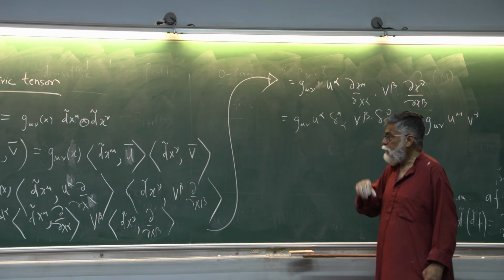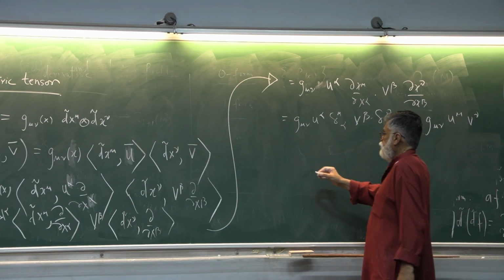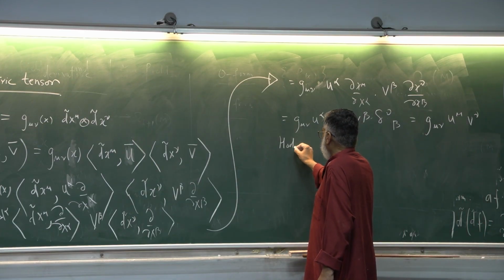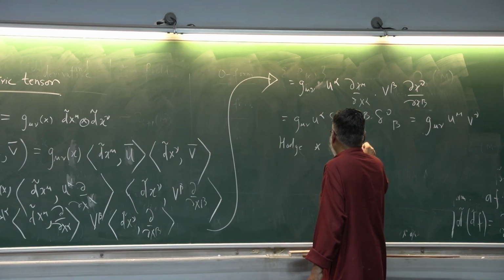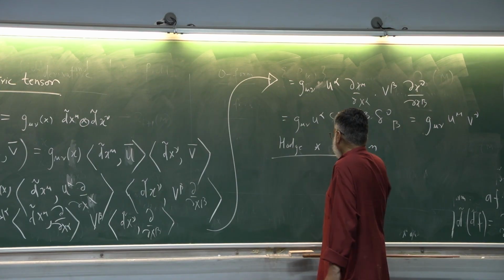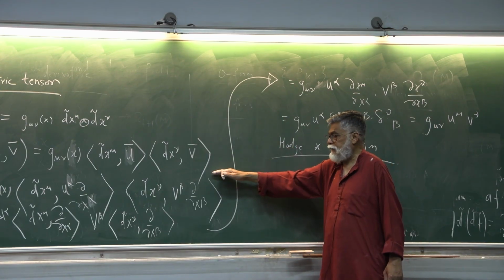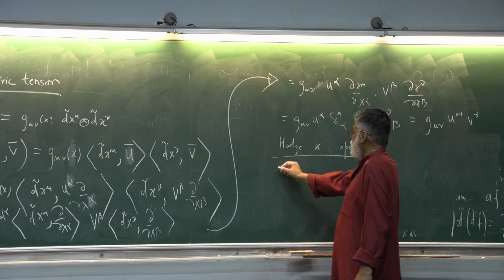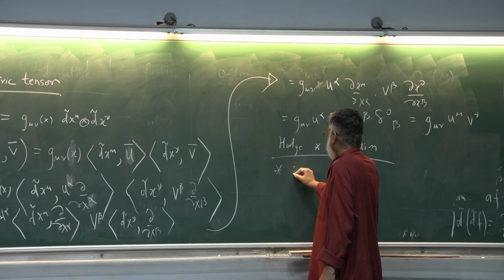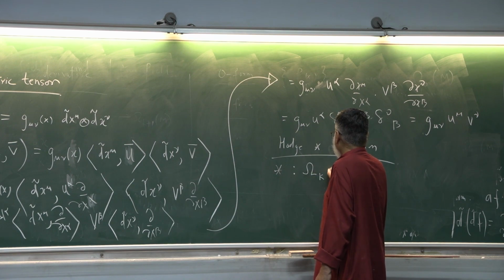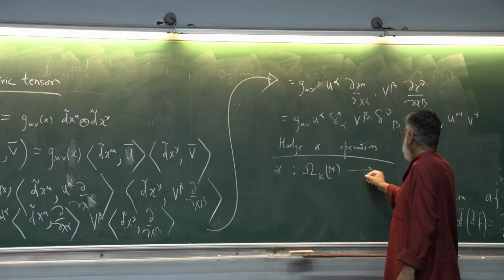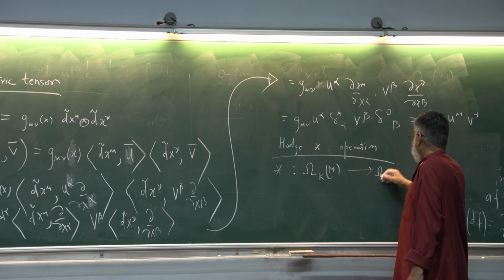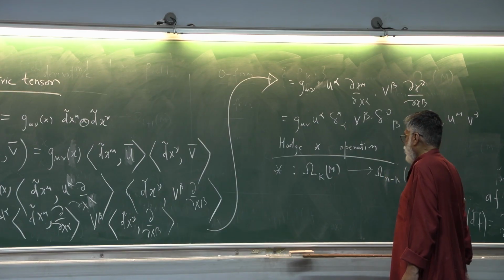Okay. Now I will define the Hodge star operation, because that's one of the problems. Hodge star operation uses the metric, and that's the reason I first had to introduce the metric tensor. So Hodge star operation is an operation that takes omega k space, the space of k forms, to the space of n minus k forms, where n is the dimension of the manifold.